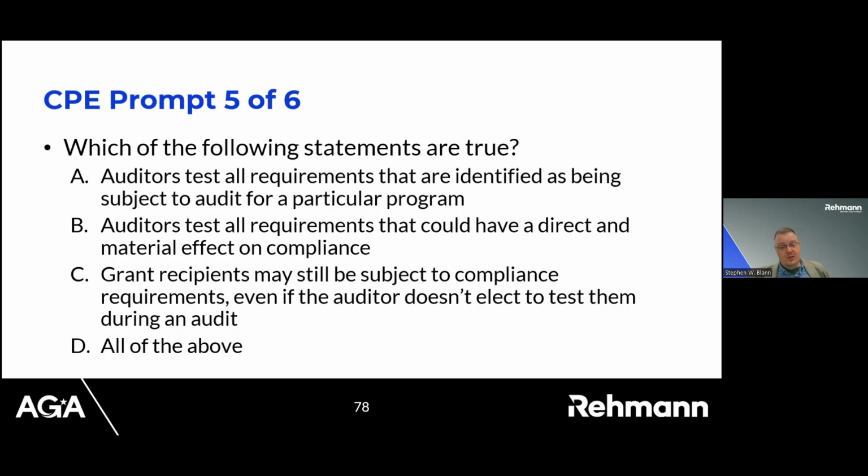It could be a rule you're supposed to follow, but it has such a small impact on you, it doesn't really matter. Do auditors test everything that could have a direct and material effect? Well, no, not if it's not on the list of requirements subject to audit in the current year. So we've ruled out A and B, and by that we can rule out D. So that should tell us the answer is actually C. Grant recipients may still have to be following compliance requirements, even if the auditors aren't necessarily looking at those requirements. So be mindful of that.